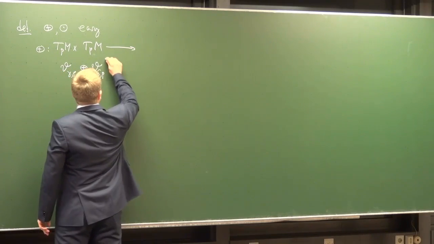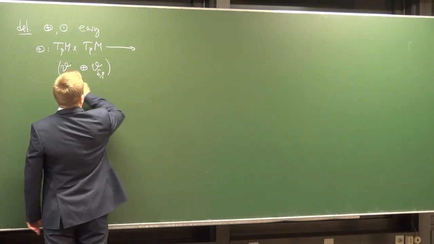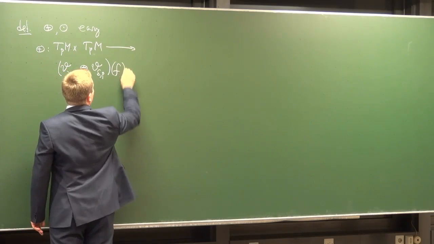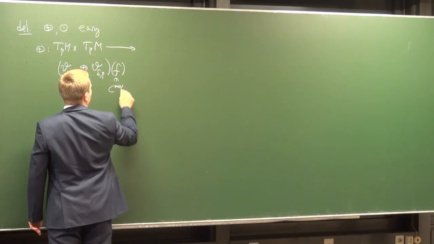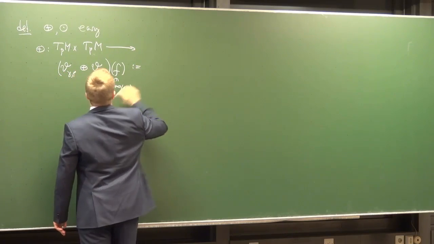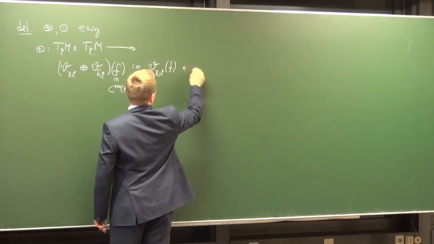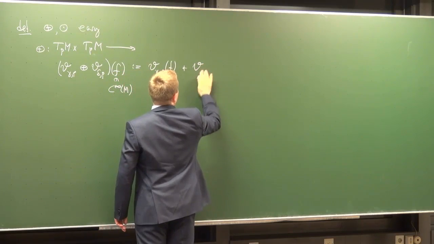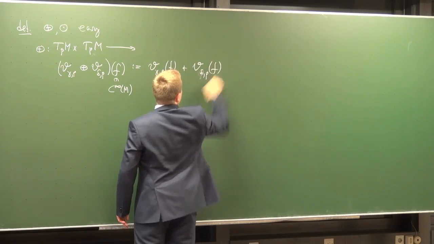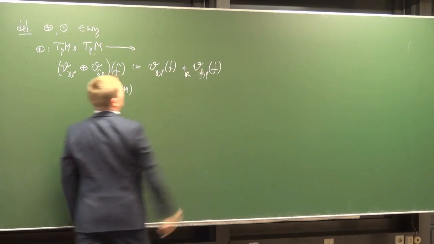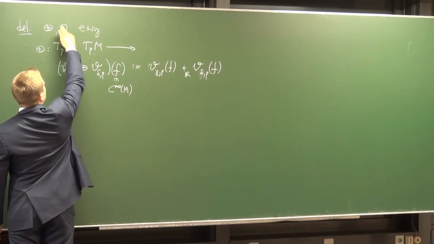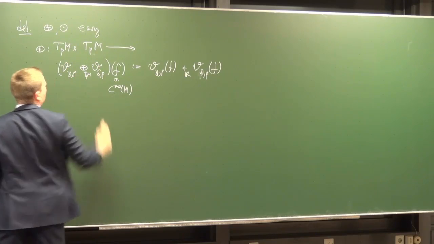You can immediately define this because you know this is such a linear map, so you can apply it to an arbitrary smooth function, and you define the sum as v_γ,p acting on f plus v_δ,p acting on the same f. And this is just the addition in the real numbers, whereas this defines the addition in T_pM.